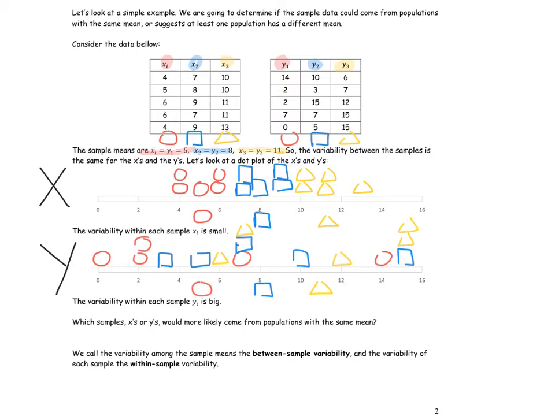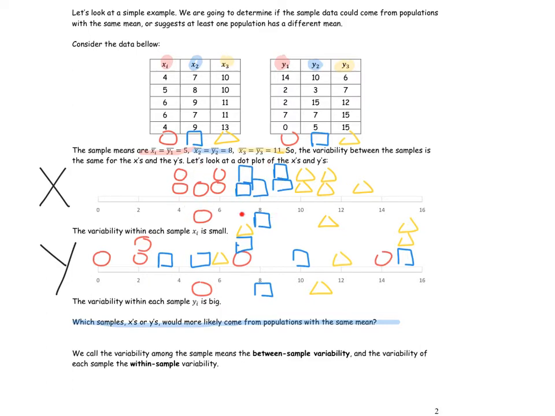So we're going to use these two separate hypothesis tests, these two separate ANOVAs, to ask ourselves this question. Which samples would more likely come from populations with the same mean? Okay, so here on the first example with the X's, the mean is most definitely somewhere around here. It's probably around 5.